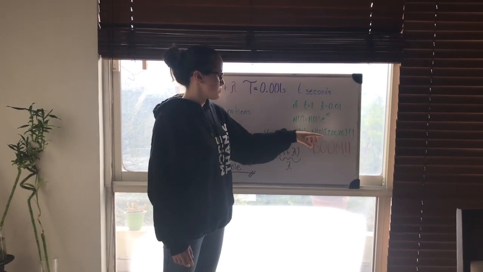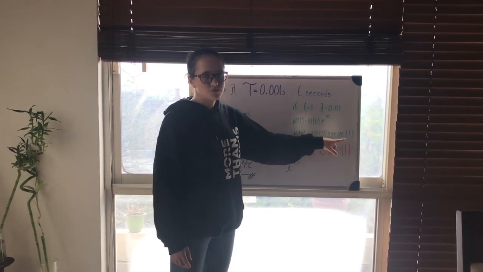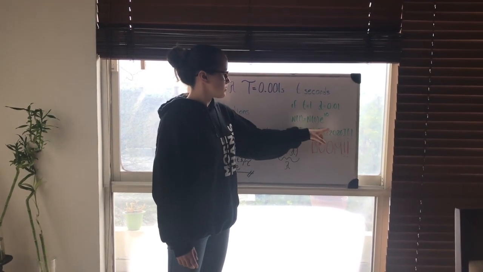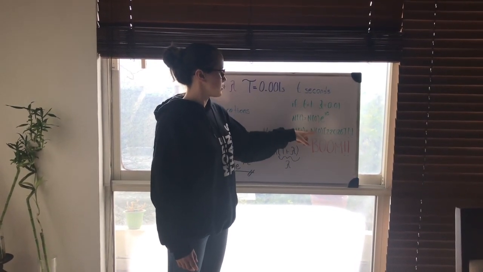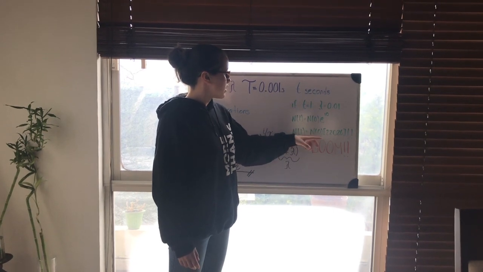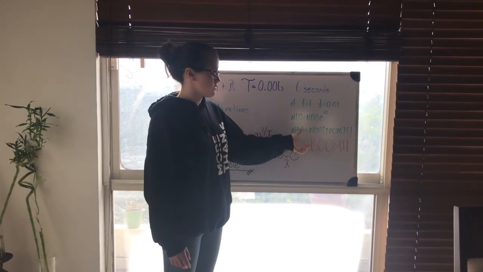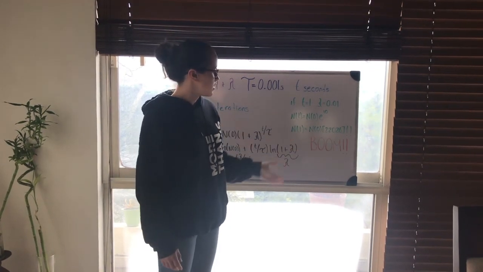E to the 10 is approximately 22,026. So after 1 second, we will have 22,026 times the number of neutrons we had at the beginning, and that is a very large number, and it will ultimately explode, and we'll have an explosion.